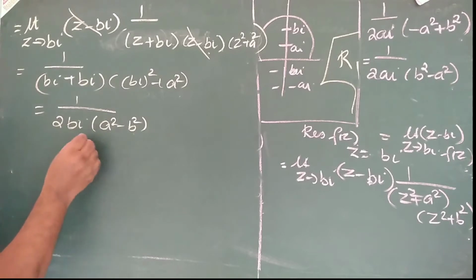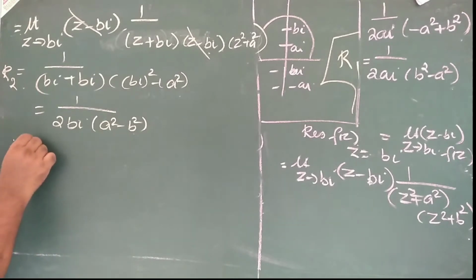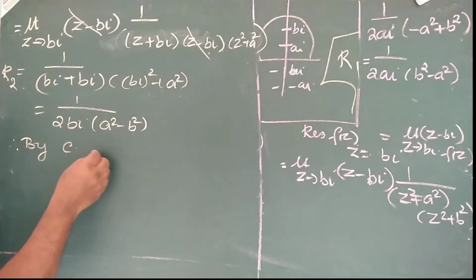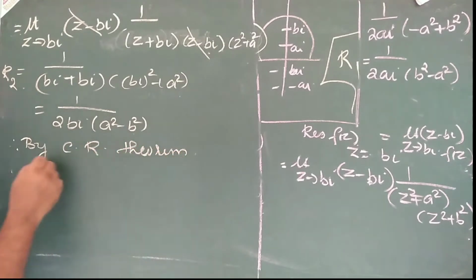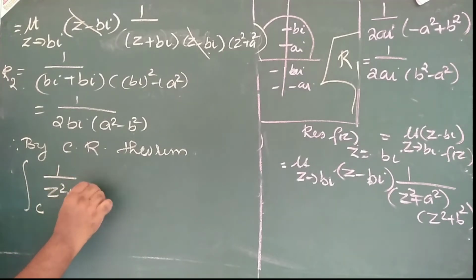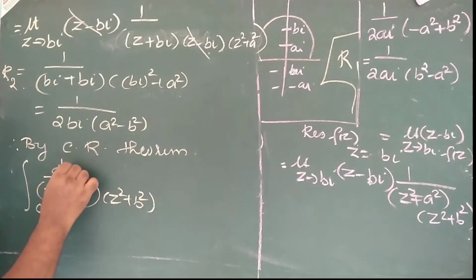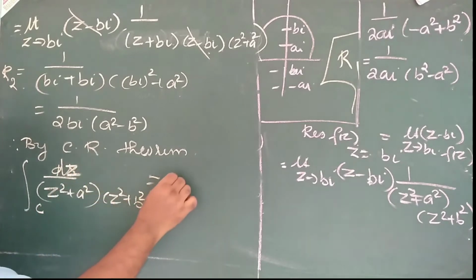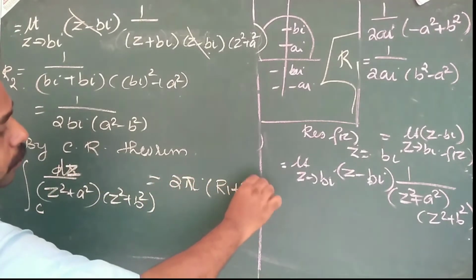So this we take as R2. First one is R1, second one is R2. Therefore, by Cauchy's residue theorem, integral over C, for our question, 1 by (z square plus a square) into (z square plus b square) dz is equal to 2 pi i into (R1 plus R2).